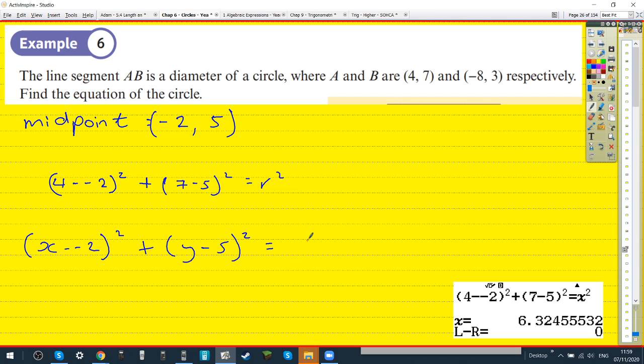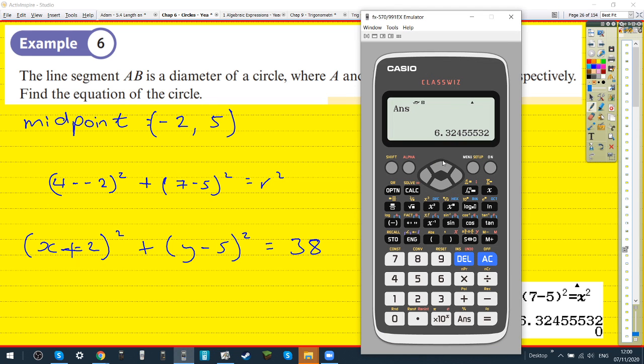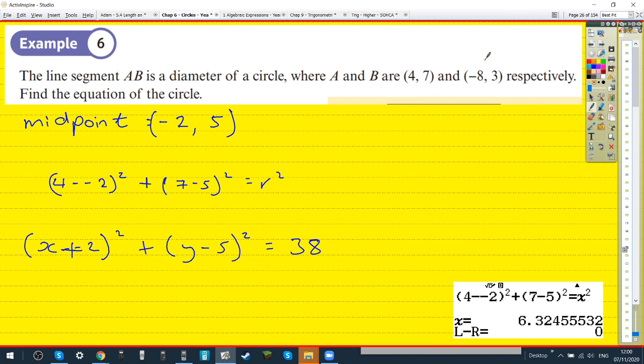What is the square root of 38 squared? 38. And I would just make it x plus 2. Okay, I think that's great.